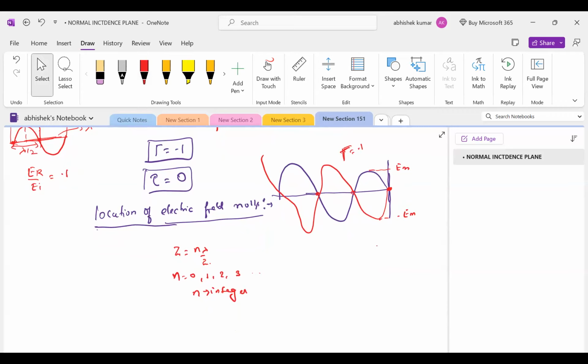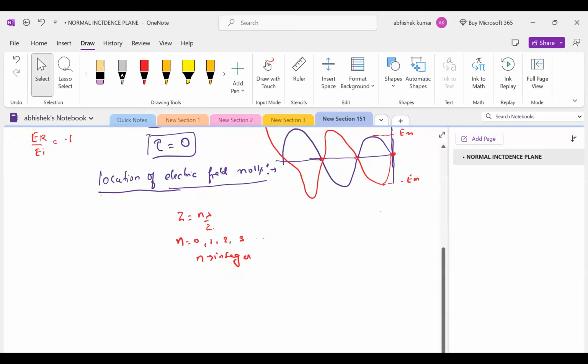Similarly, I'm not going to derive for the magnetic field nulls. I'm just writing the equation for the location of magnetic field nulls. That is nothing but z equal to (2m plus 1) lambda by 4.